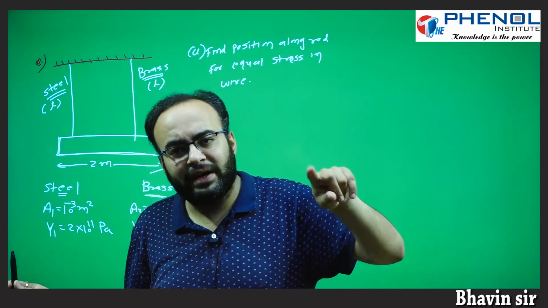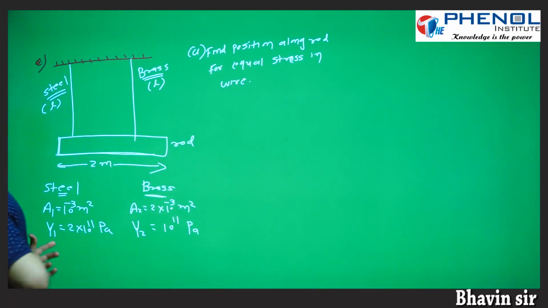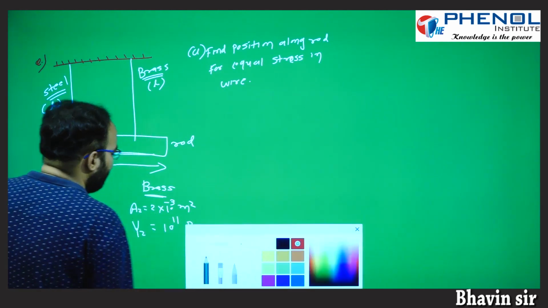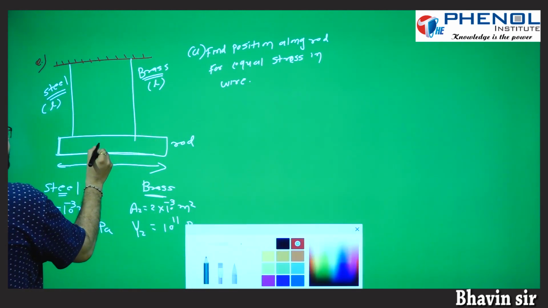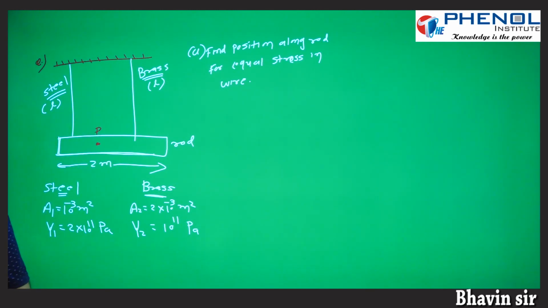But we want to find the position at which equal stress is in the wires. So first of all, suppose we assume that point here.